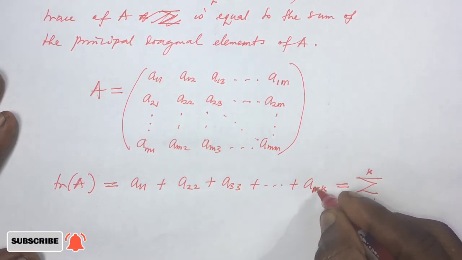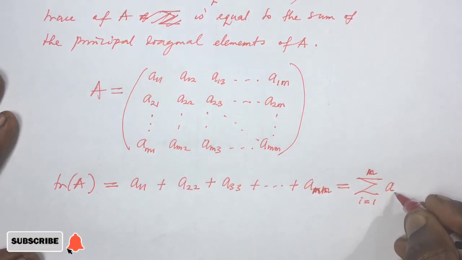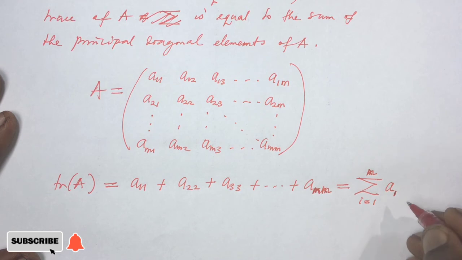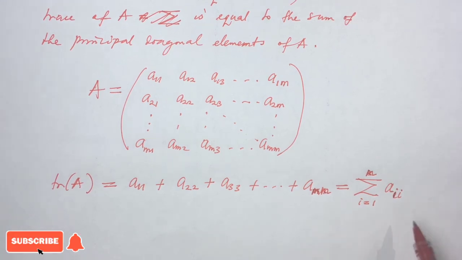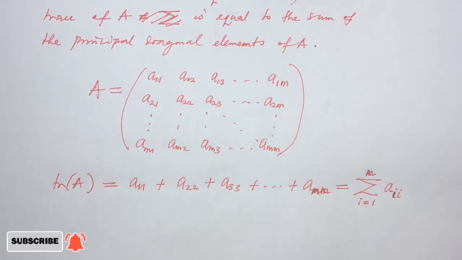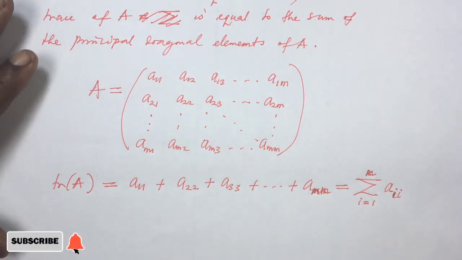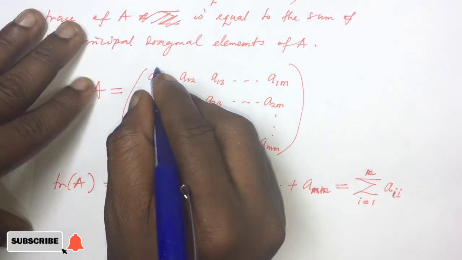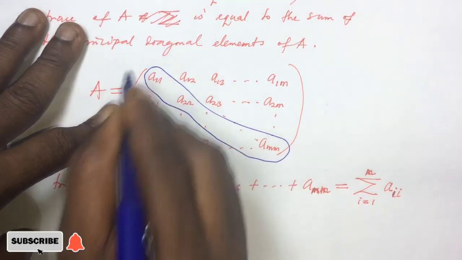Let me put here M because I'm using MM, so this will be to M of the matrix element Aii. Okay, so this is simply what we define to be the trace of a matrix. The trace of a matrix is the sum of its principal diagonal elements. So this is what we have for this matrix.